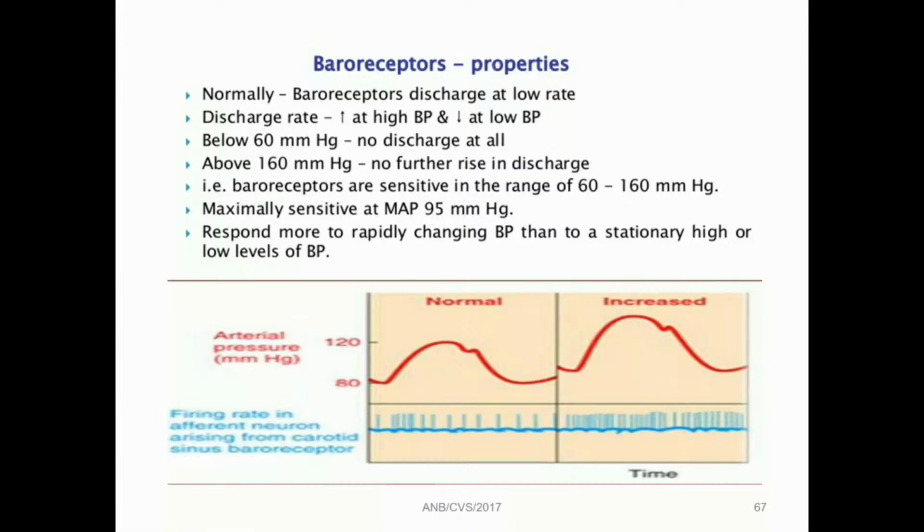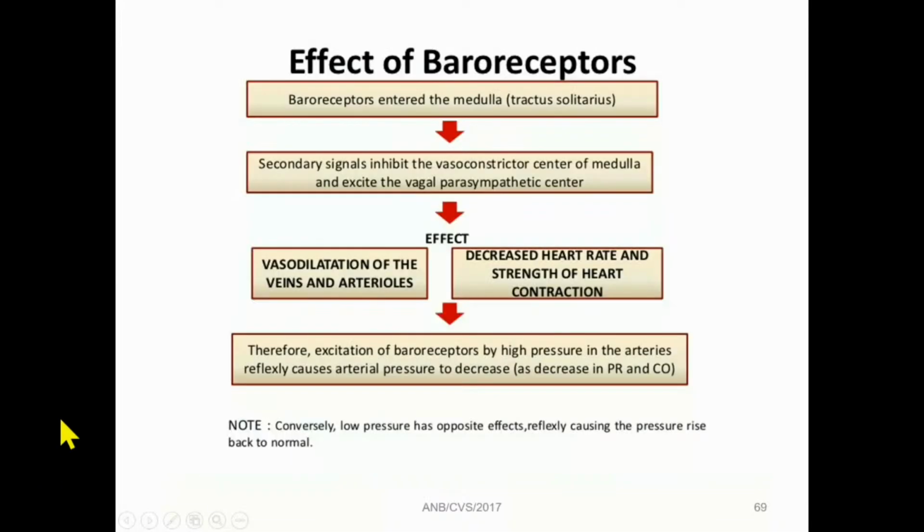The left side panel shows a normal range of blood pressure and the firing rate in the afferent neuron arising from carotid sinus baroreceptors. You will find that there is not that much fluctuation in their response, but if the pressure increases beyond this 80 to 120 range, you will find the firing rate changes. In short, at the low pressure level they are stimulated less, and at the higher pressure level they are stimulated more.